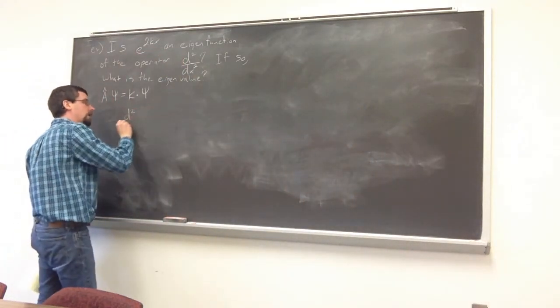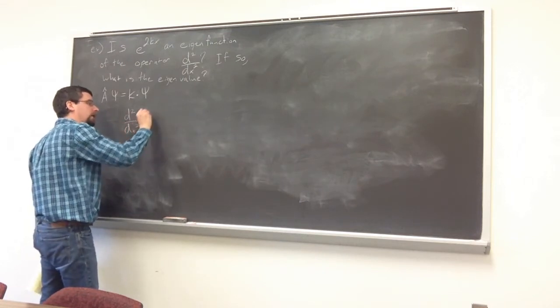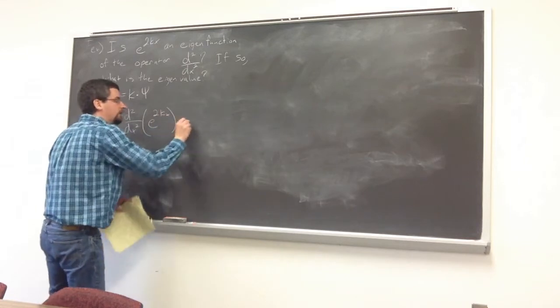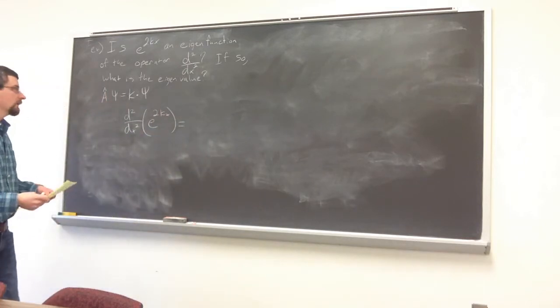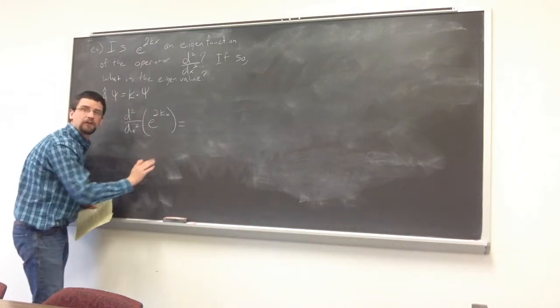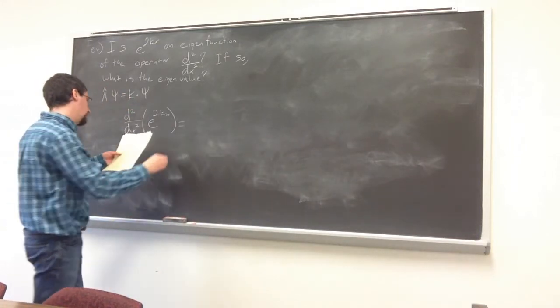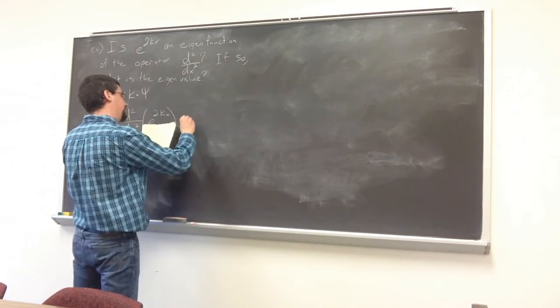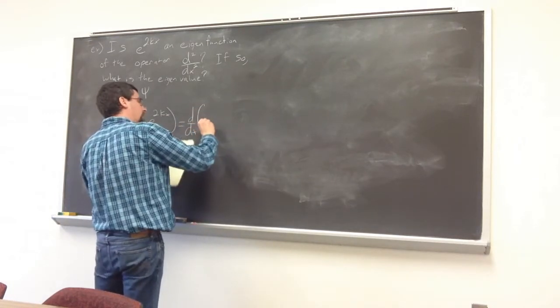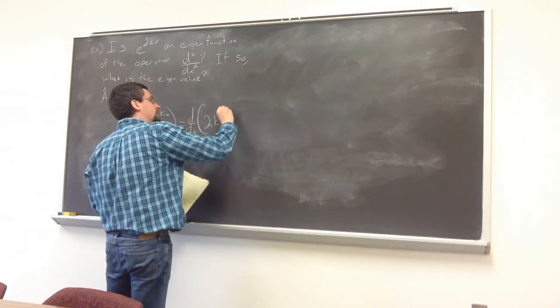We have d squared dx squared of e to the 2kx. We have to follow the chain rule with this. Let's just do the first derivative first, and then the second derivative. The first derivative gives us 2k e to the 2kx.